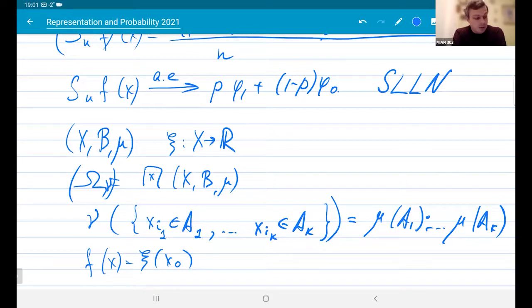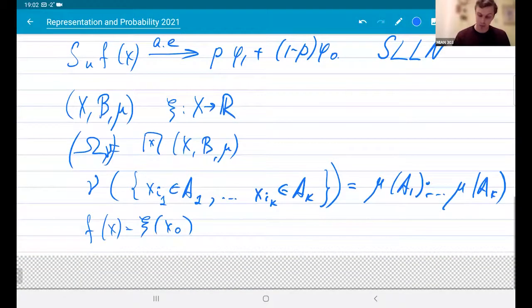And you can also discuss the next approximation. So the law of large numbers says that you have almost sure convergence to some constant. And then you can ask, what can be said about the difference? You know that the convergence of the difference is not almost sure, it is just in distribution. You know that this difference, if scaled properly, converges in distribution to some law, to the normal distribution with some variance σ.